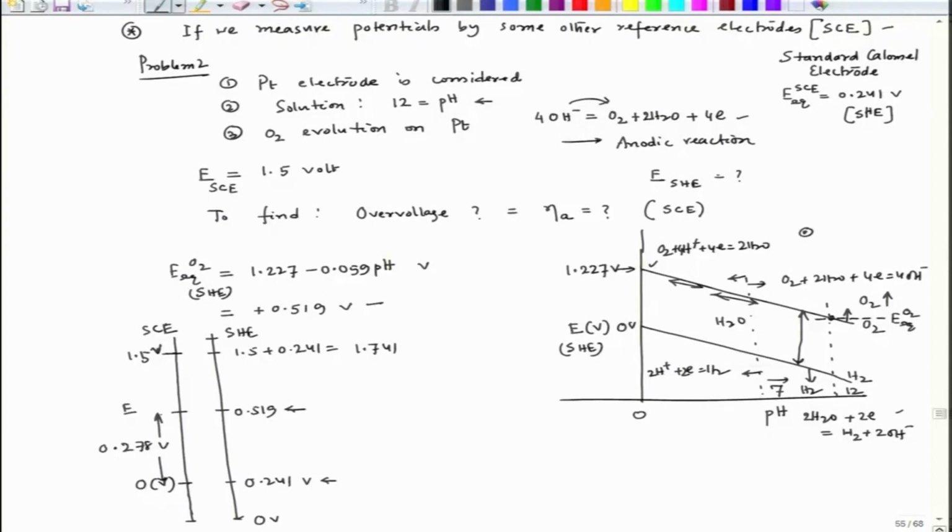The over voltage would be the measurement of this. So, eta A becomes 1.5 minus 0.278 equal to 1.222 volt.